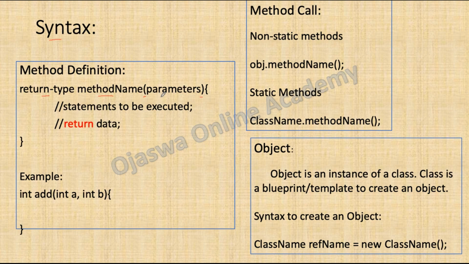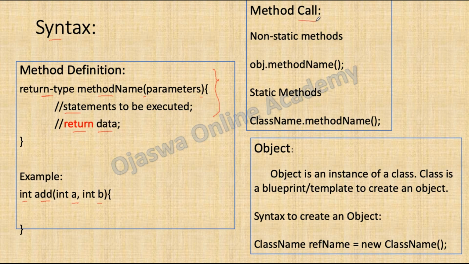The data to be processed is stored inside variables known as parameters. Write the code. The processed data is written back using the return keyword. The return type of the method and the type of the data should match. Example, here int is the return type, add is the method name, and it is accepting two parameters a and b. So this was about method definition.